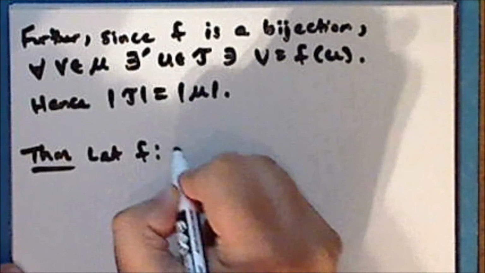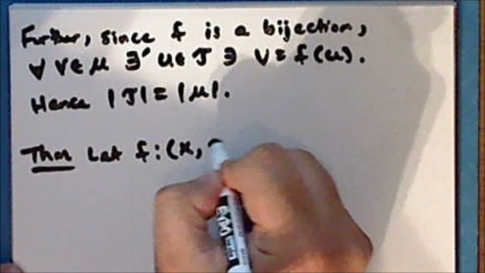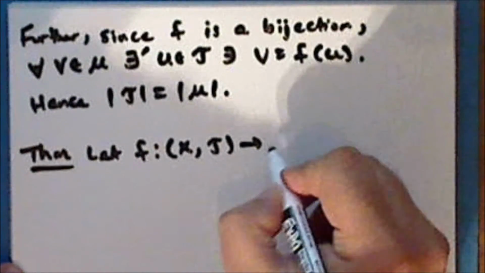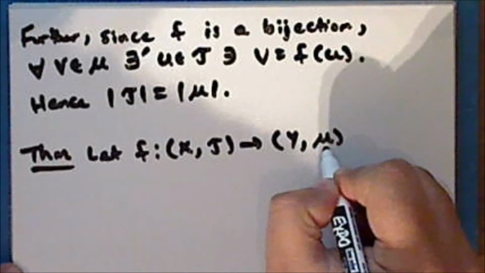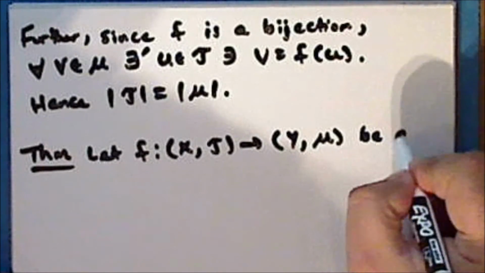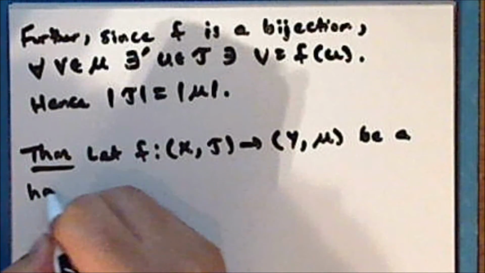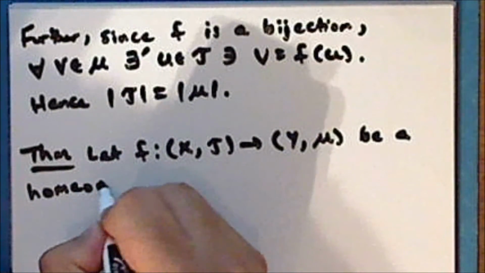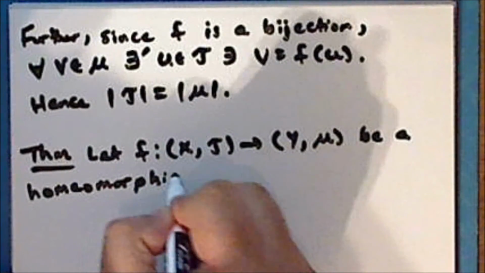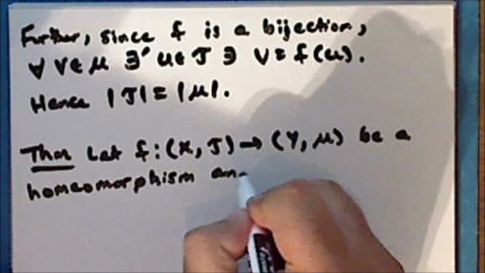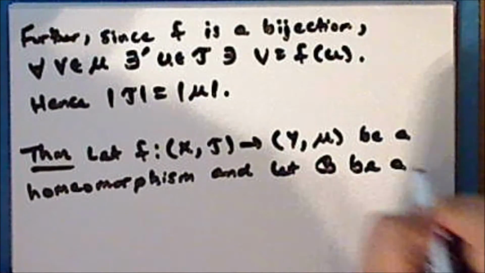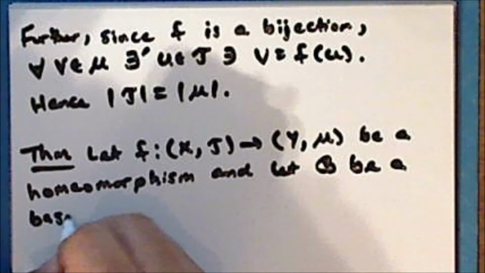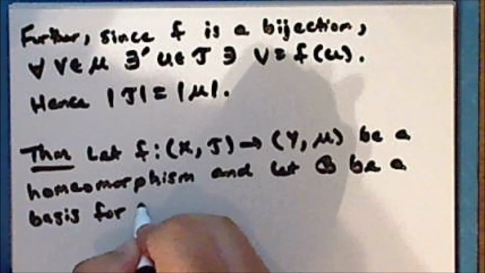Let the function f from the space X together with the topology tau into the space Y with the topology mu be a homeomorphism, and let the collection script B be a basis for the topology tau.